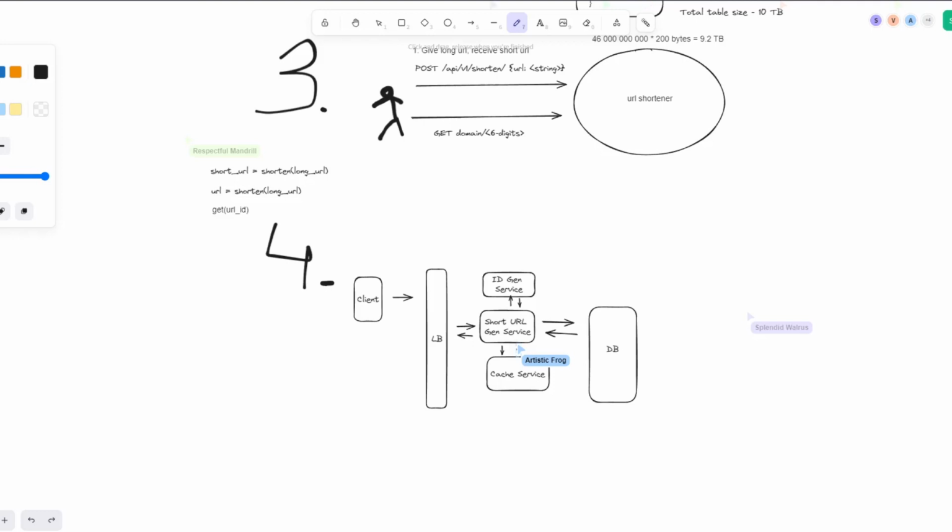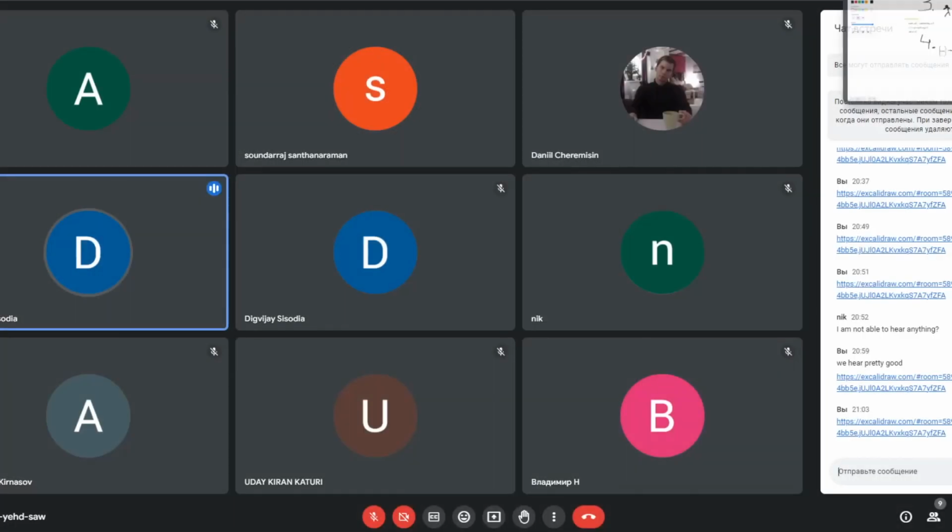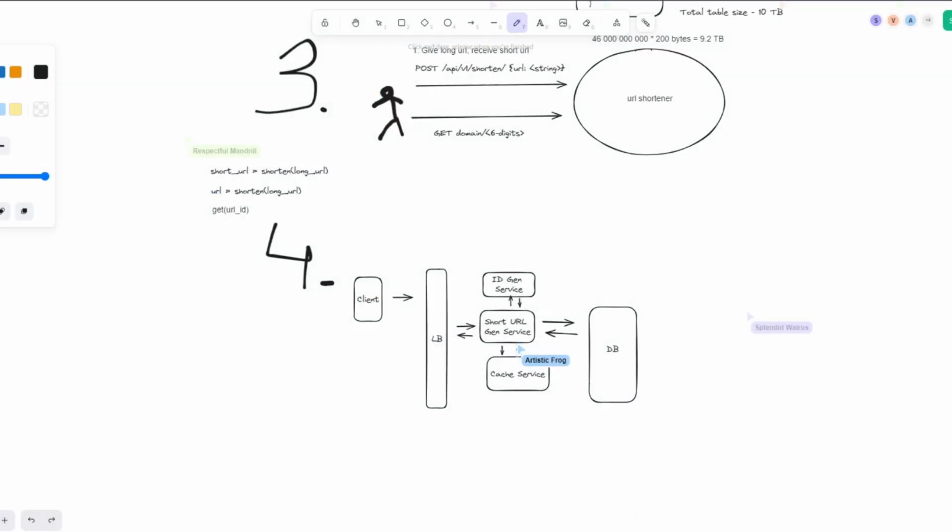So the client receives a 302 redirection with the new URL, right? But it has to be stored somewhere else. This is not going to go in just a cache.